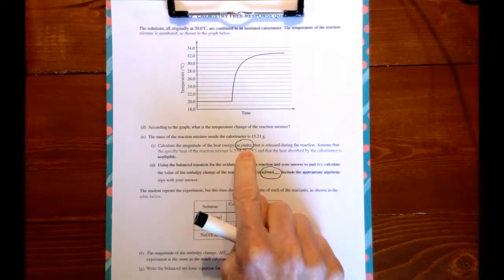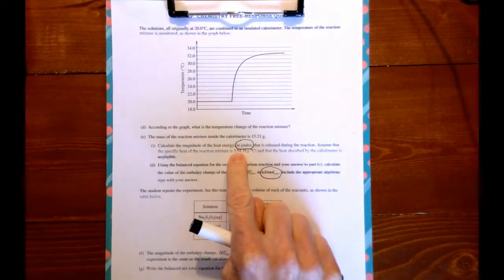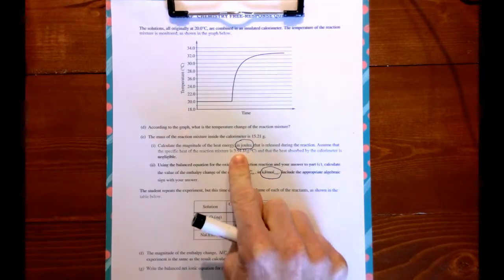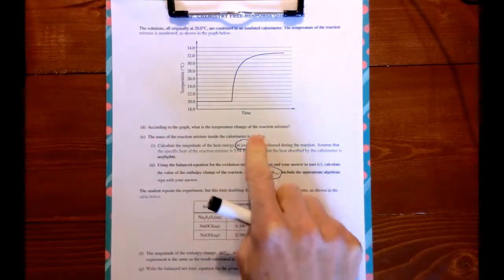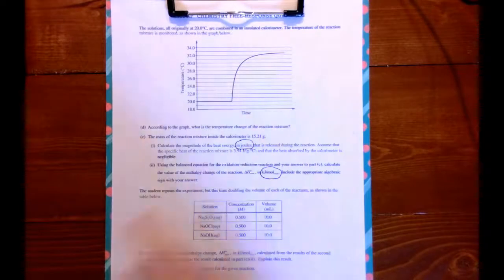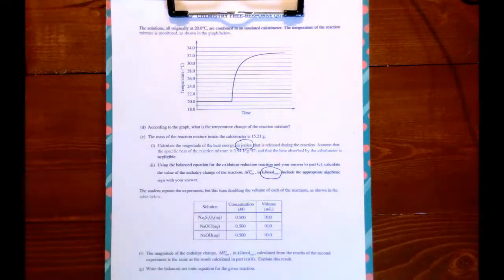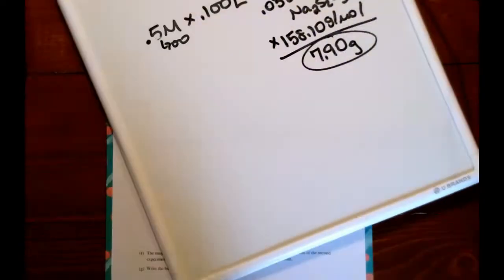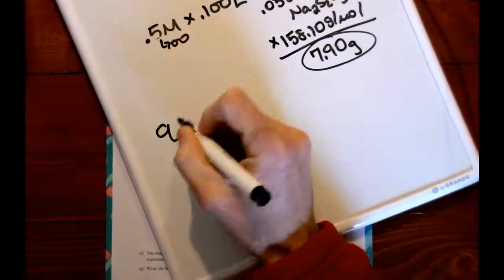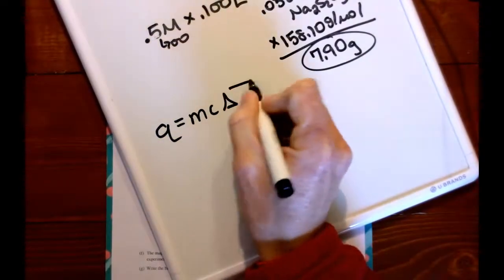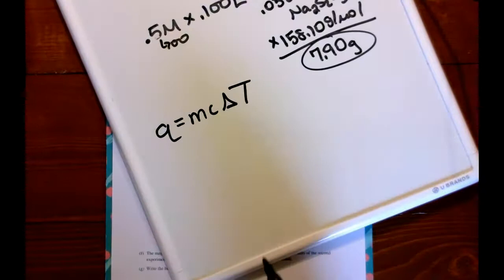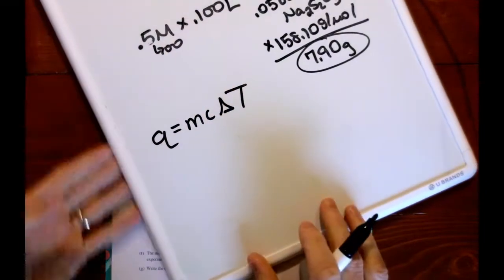We note that we're specifically asked for this to be in joules, and I'm given specific heat. We start thinking specific heat, and we just got delta T, and we're given a mass. We look over on the equation sheet, and we notice Q equals MC delta T. So we're going to use it to solve for the amount of energy.